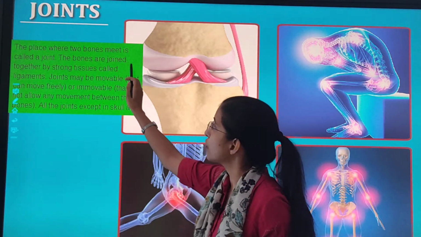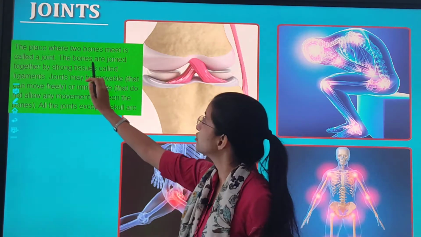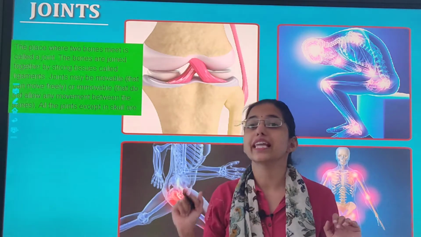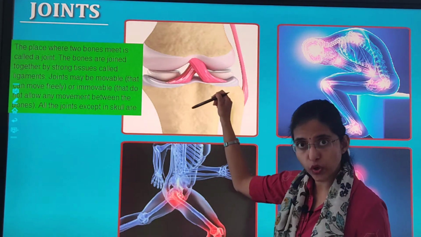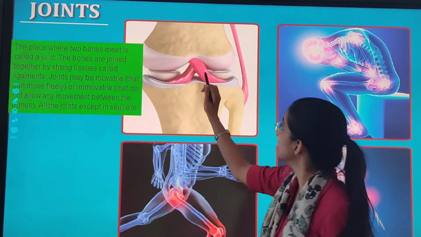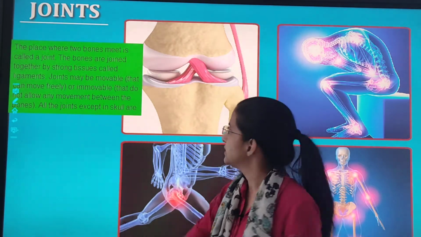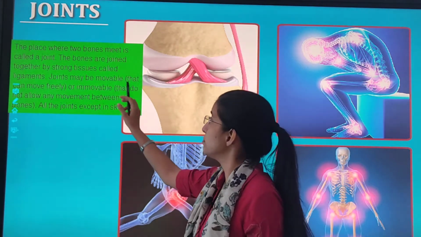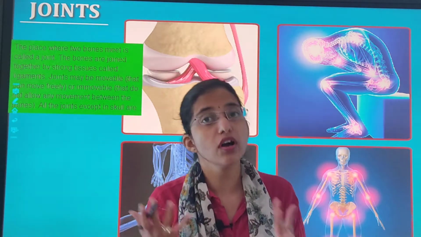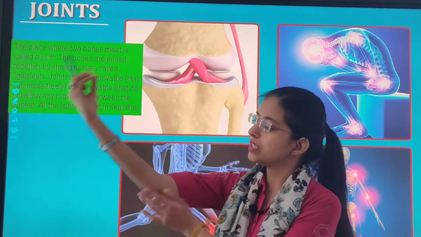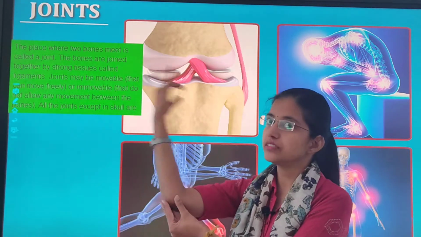The bones are joined together by a strong tissue called ligaments. दो बोन्स जॉइंट होती है एक टिश्यू से और यह टिश्यू है लिगामेंट्स. Joints can be movable or immovable. For example, our elbow joint is a movable joint.